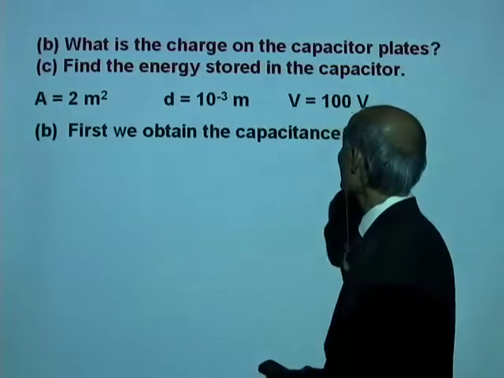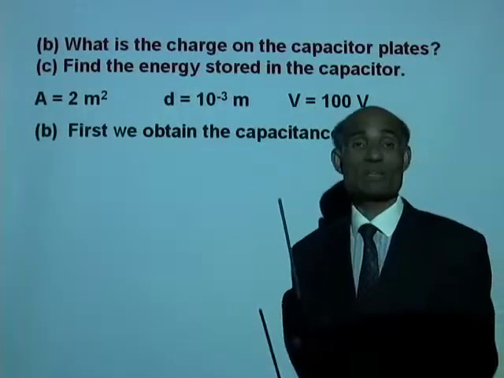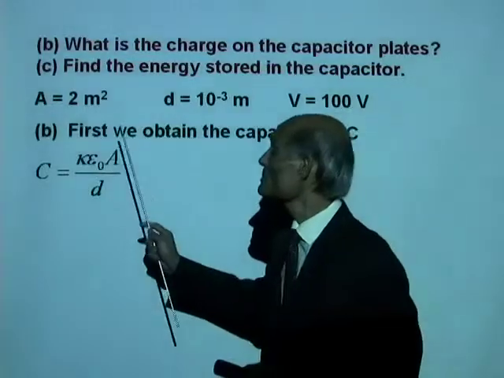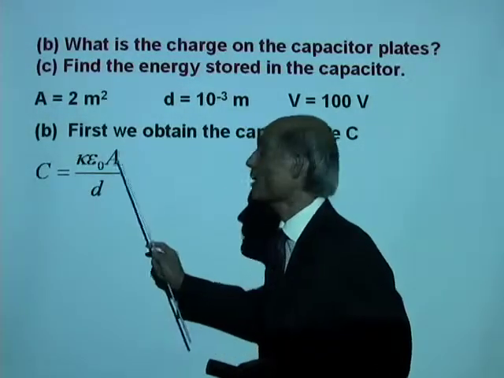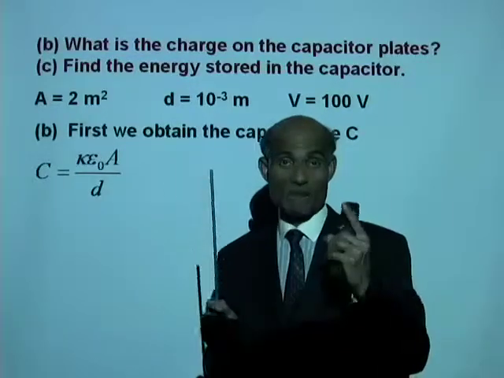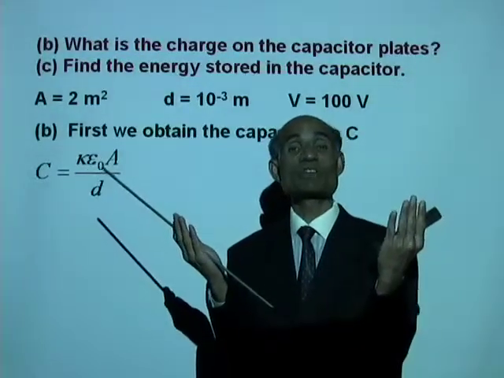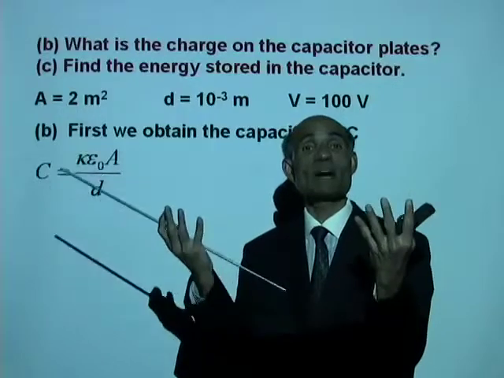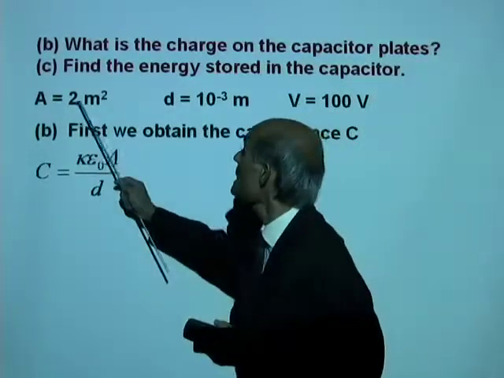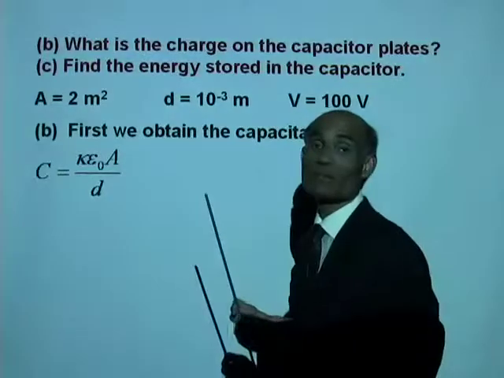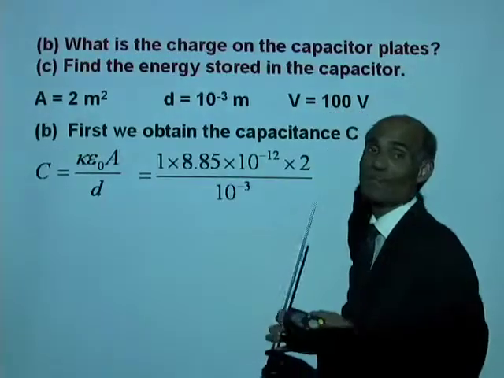First, we obtain the capacitance C of the capacitor. C equal to kappa epsilon naught A over d. Well, kappa is 1 because if the dielectric is not mentioned, we will assume that it is air. Epsilon naught we know, A is given, d is given. Use all those values.